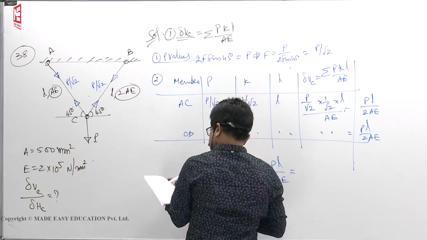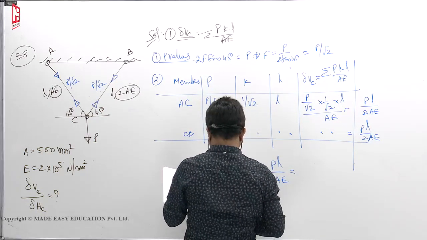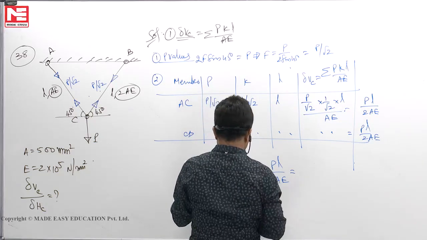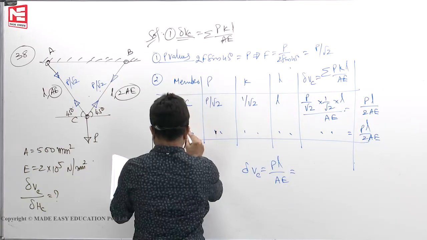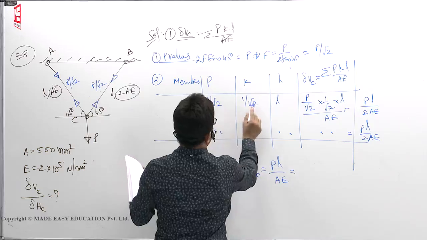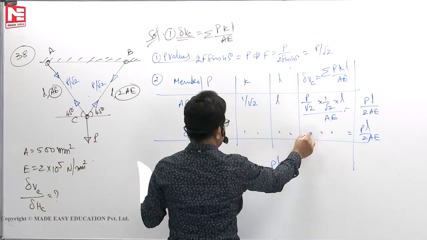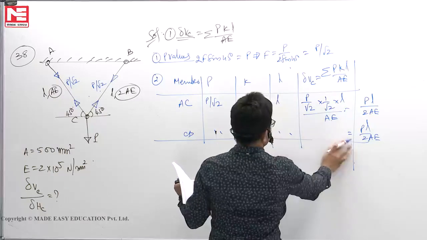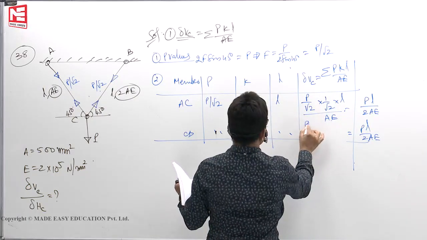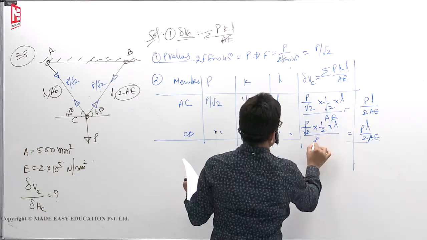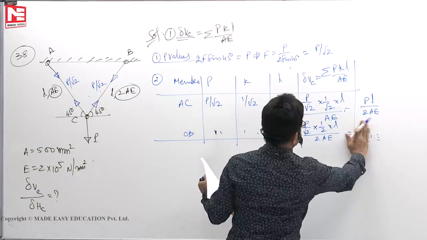So you will get delta VC is equal to PL by AE. P, how much has he given? P kilonewton. Here, member AC: the force is the same, P by root 2, 1 by root 2 into L by 2AE, you have to write.